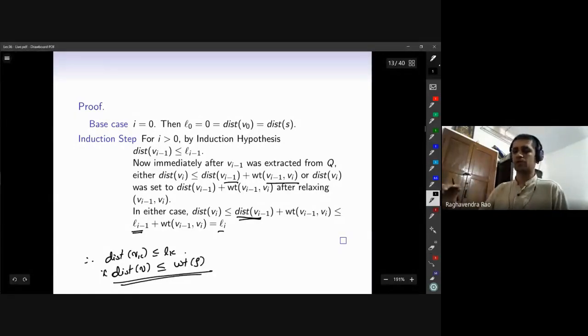So that is what we have achieved. So what does it prove? For any S to V path, the distance value stored by the algorithm at the end of the algorithm is at most the length, or weight, of that path. Now you take the shortest path, then it will be equal to the length of the shortest path.